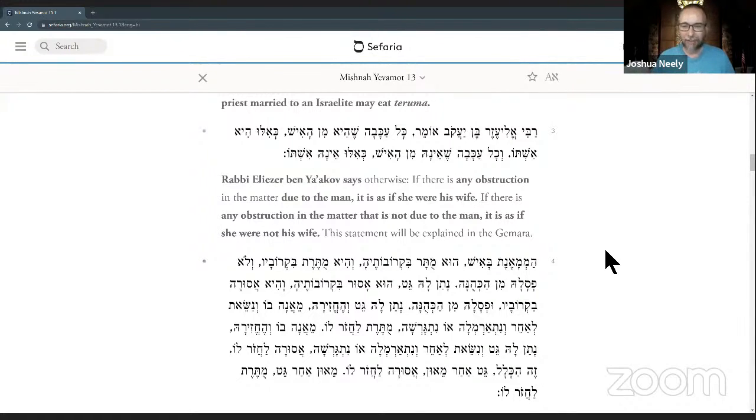As we have been dancing through the issue of Yevamot, the issue of levirate marriage, one of the things that we have had as our dance partner many, many times is what happens when the marriage is of a different quality than the standard marriage, or what happens when the relationship is of a different quality.